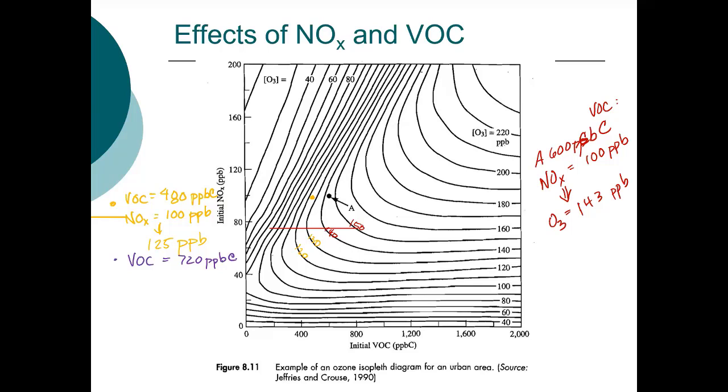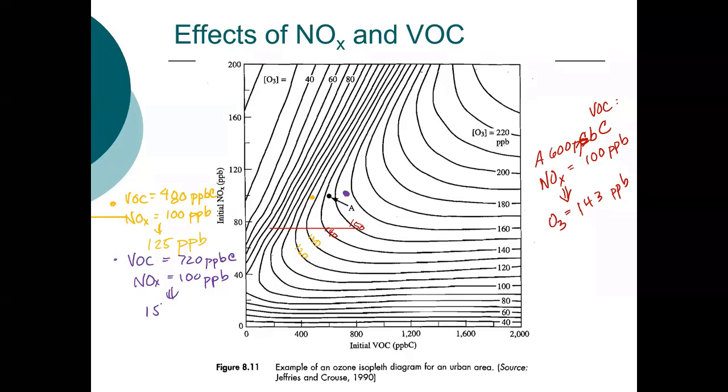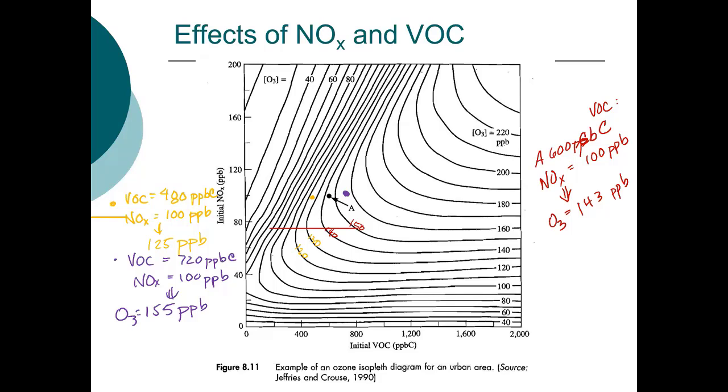NOx remains the same, still 100. We compare the 150 line and the 160 line, and that will give us an ozone concentration of about 155.